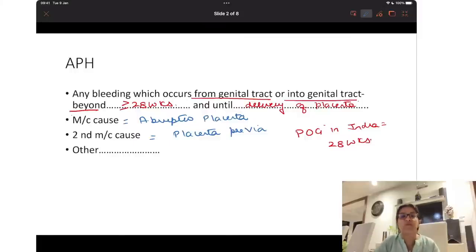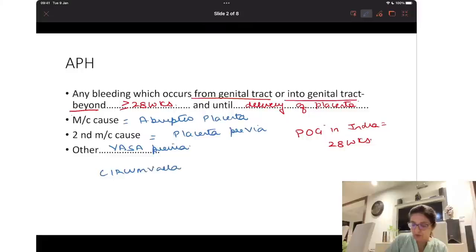Good evening to all of you. Now, another cause which you have to know is vasa previa. Vasa previa can also lead to antepartum hemorrhage. Other than that, a circumvallate placenta can also lead to antepartum hemorrhage.